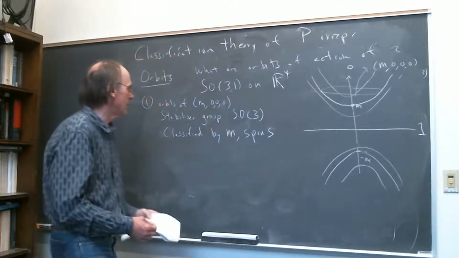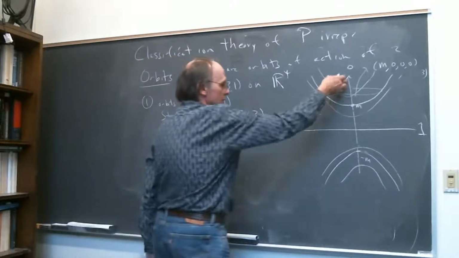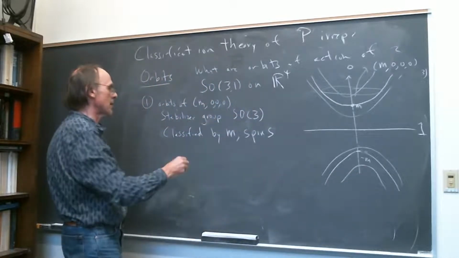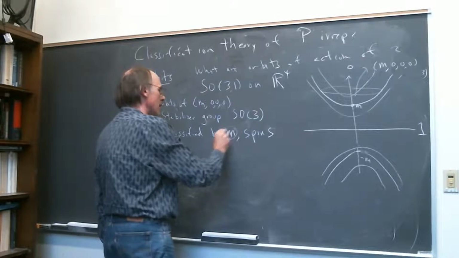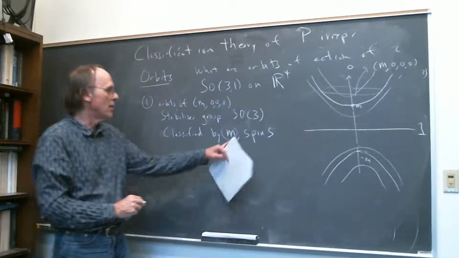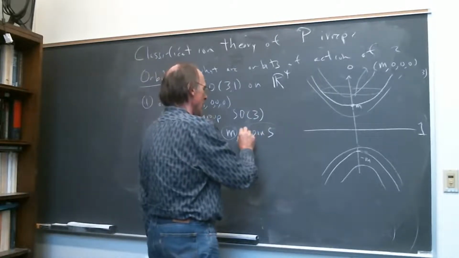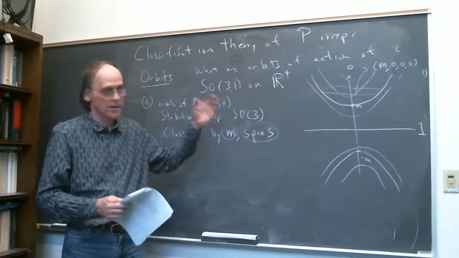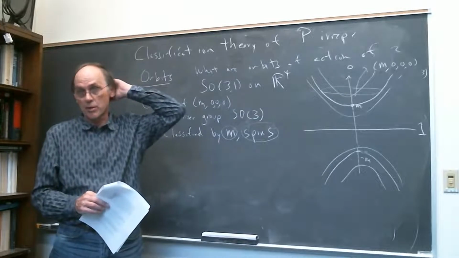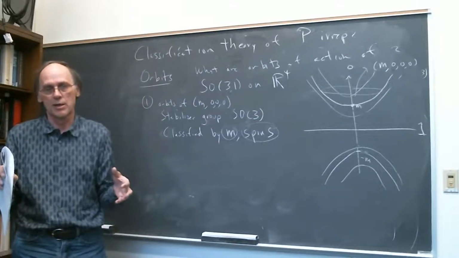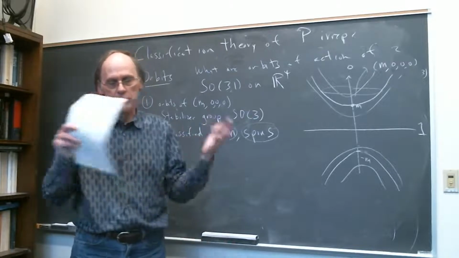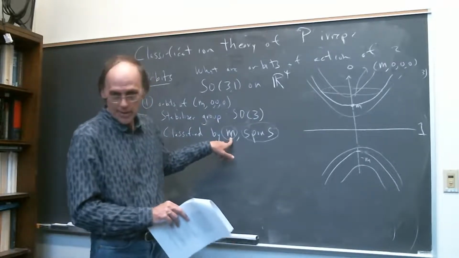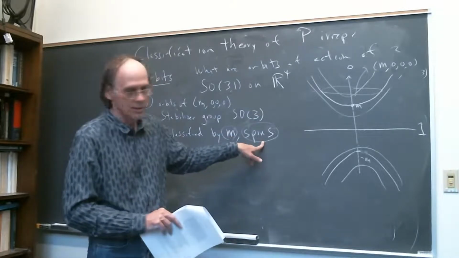But you have positive energy orbits and negative energy orbits, and you expect your representations to be characterized by some number m and some spin s, and this is going to correspond to massive relativistic particles. So massive relativistic particles are going to be irreducible representations of the Poincare group, and they're going to be characterized by a mass and by a spin.